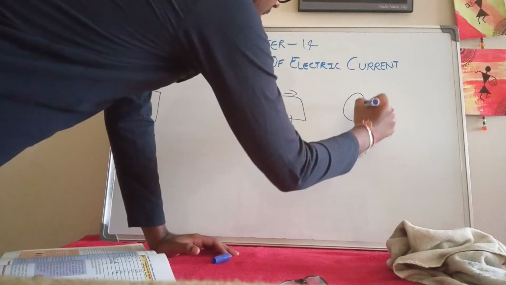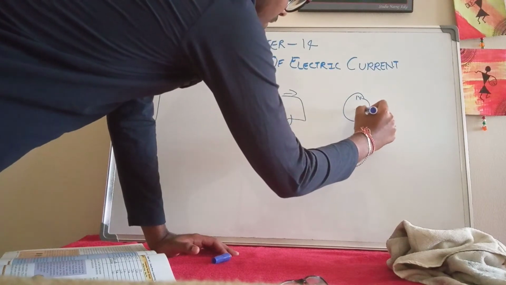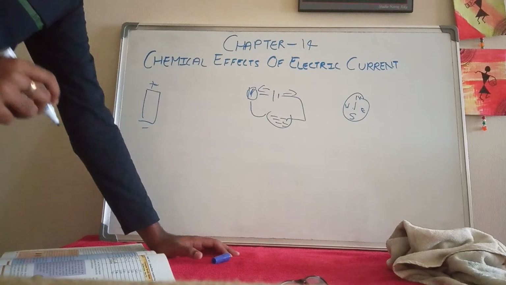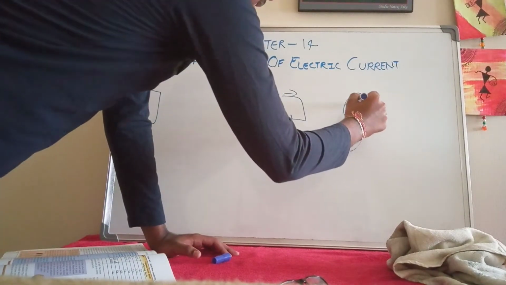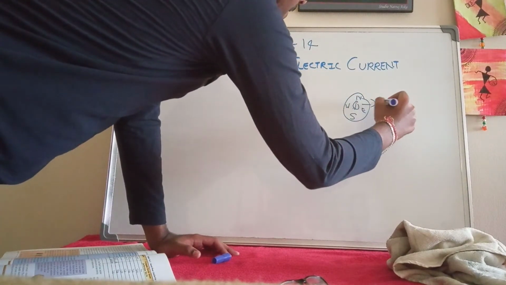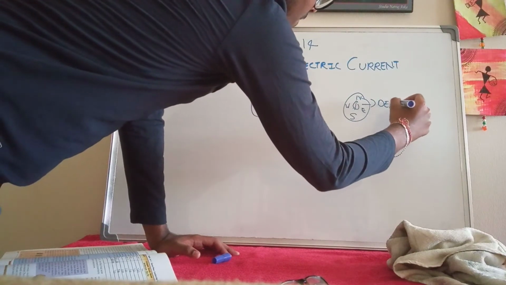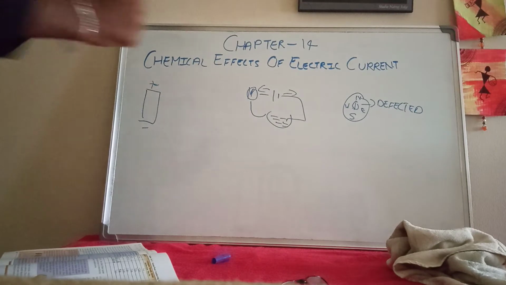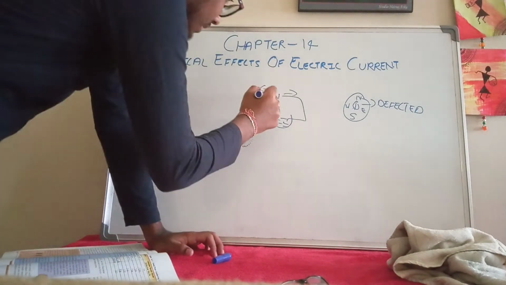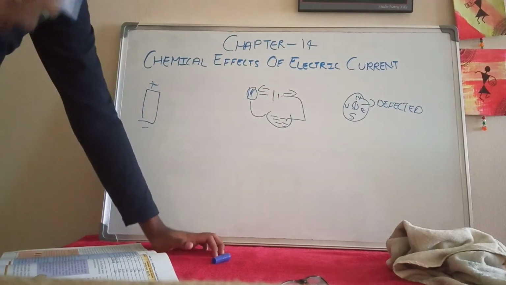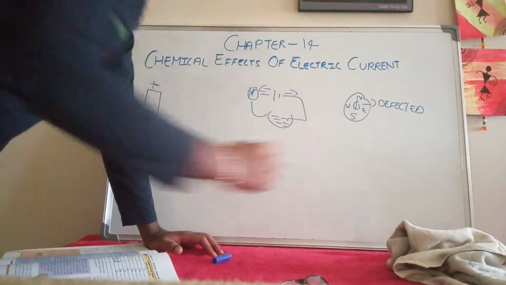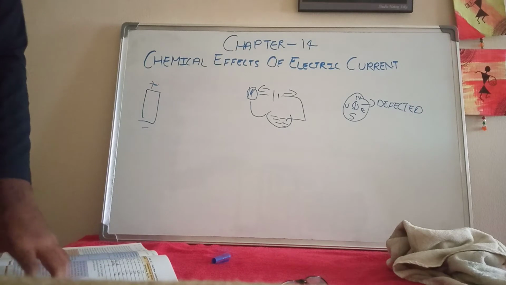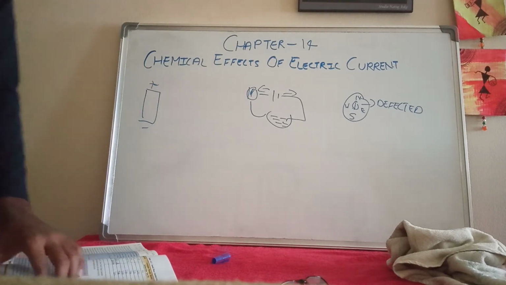We know this is north, east, west, south. Because of the passage of electric current, the compass needle gets deflected. So this is the magnetic effect of current. The electricity deflects the compass needle to some other direction instead of its conventional direction. This is the usage of the magnetic effect of current.